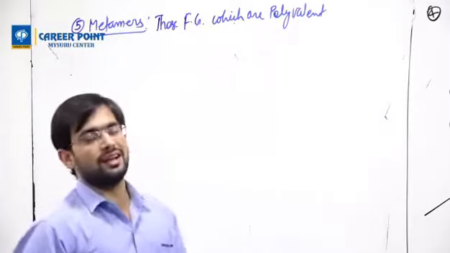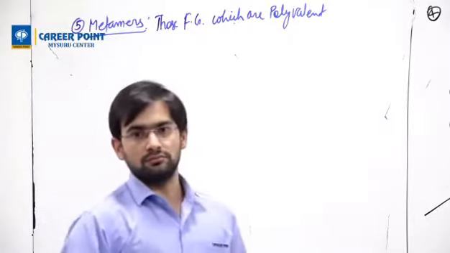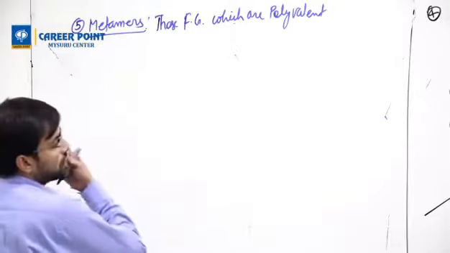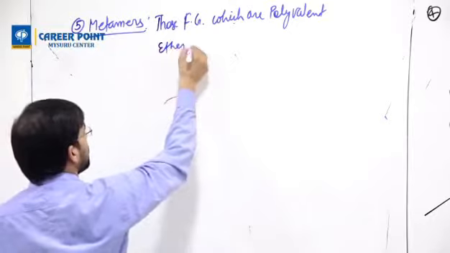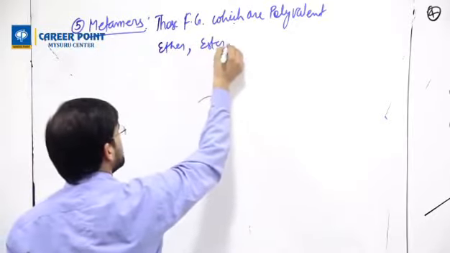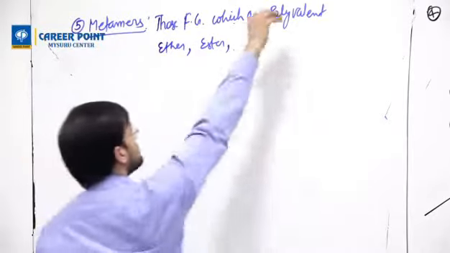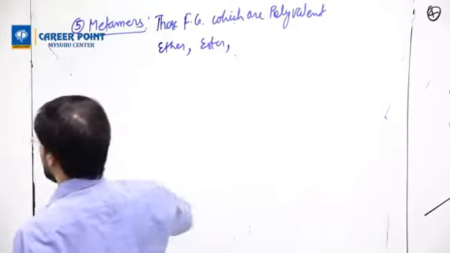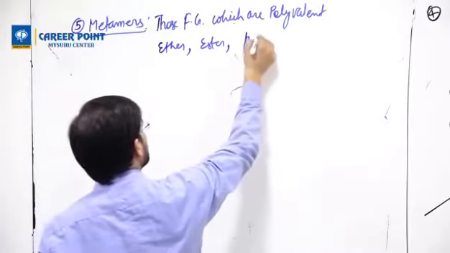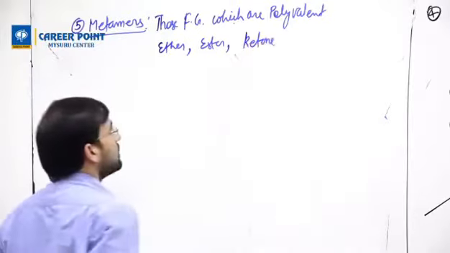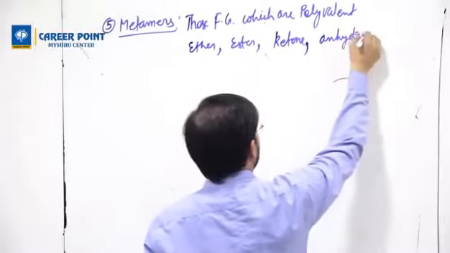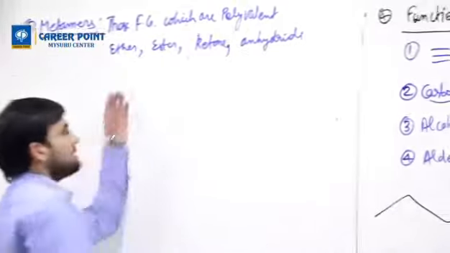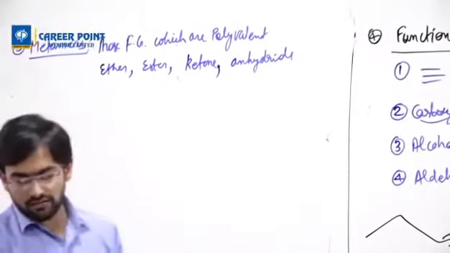Polyvalent means whose valency is more than 2, or more than 1. Those are known as polyvalent, such as ether or ester, or ketone or anhydride. If these are the functional groups, it can show metamerism.